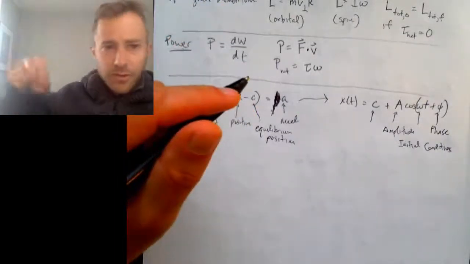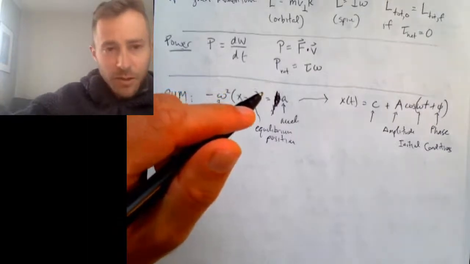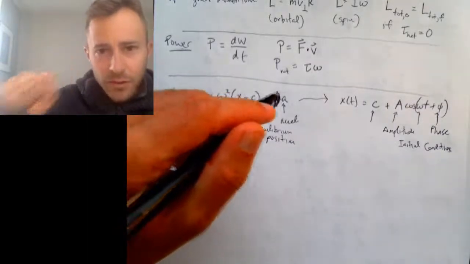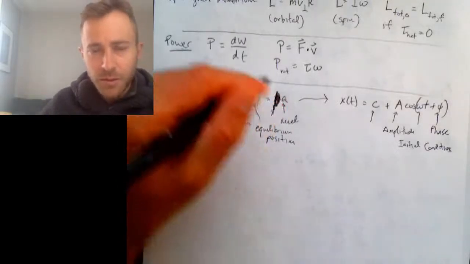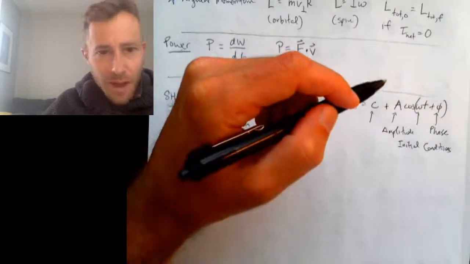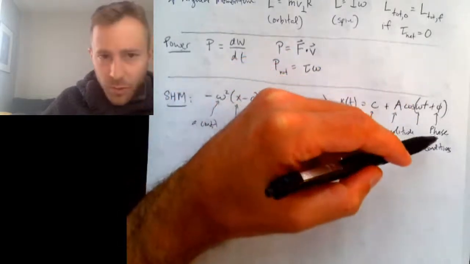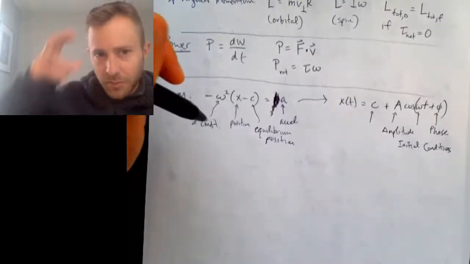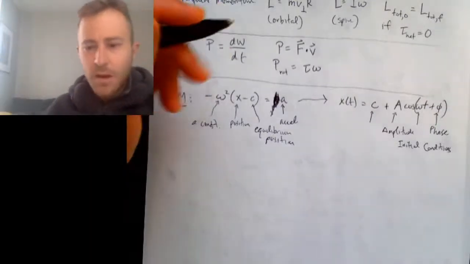Unless the experimenter nudges it, or the environment nudges it, something disturbs the system from equilibrium. And when that disturbance happens and how big it is determine the amplitude and phase, not the system itself. It's something external to the system.